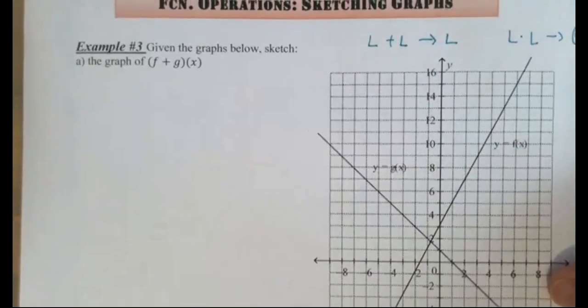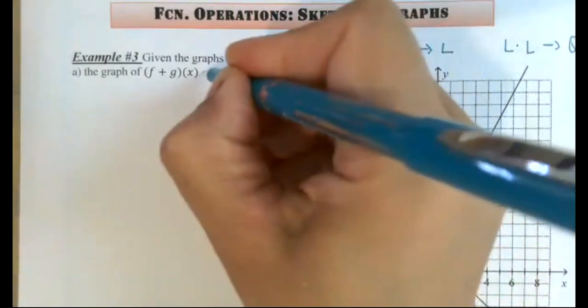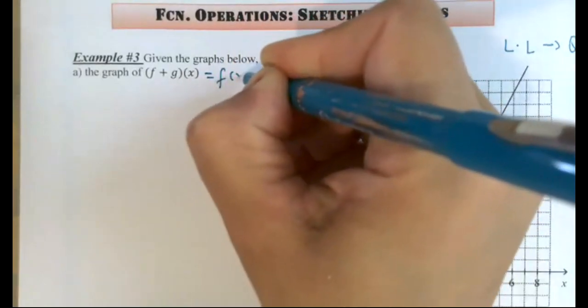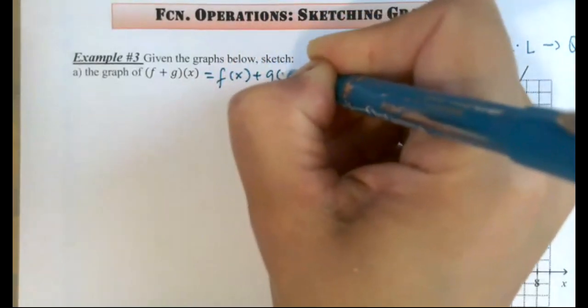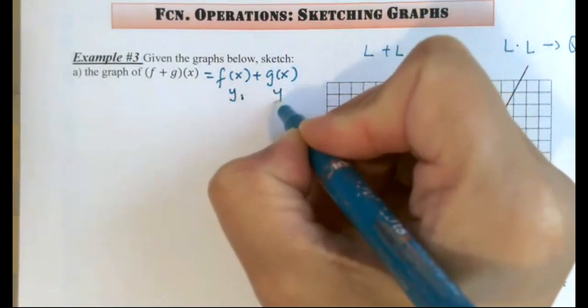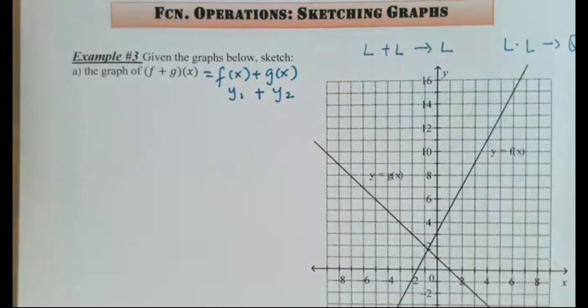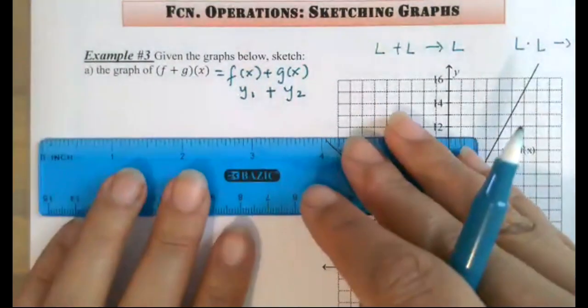Now, when we are sketching new functions that are obtained by operations of functions, we're going to remember that when we do f of x plus g of x, this just means the corresponding y value of each of these functions added together, okay? Now to keep organized, we will be doing this work in a nice little table just to keep track of our work.